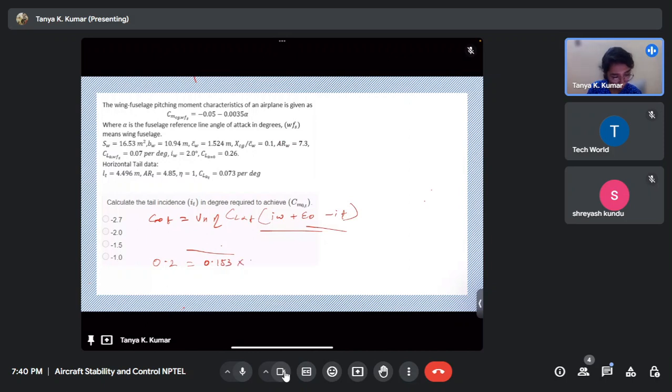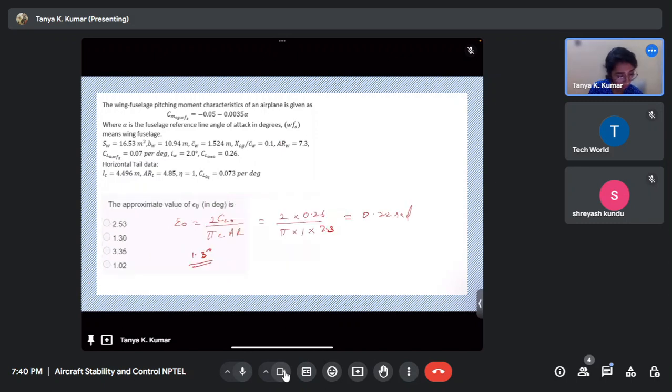Efficiency factor is 1. CL alpha tail is 0.073. I wing is 2, plus epsilon naught in degrees is 1.3.